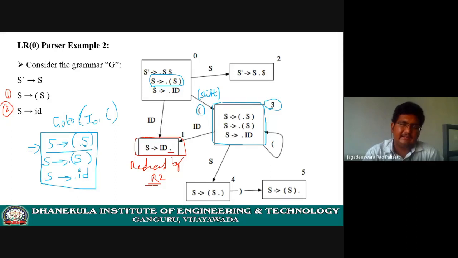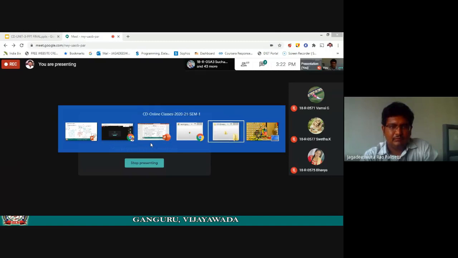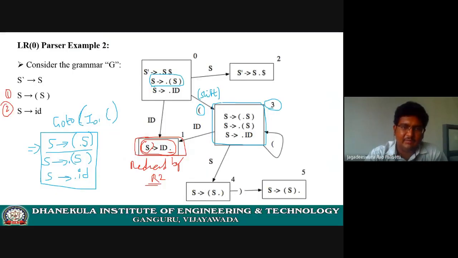But here in SLR, we will not fill in each and every terminal column. Whatever production rule we have in the reduced state, for the non-terminal on the LHS of that production, in this example S, perform the follow function.